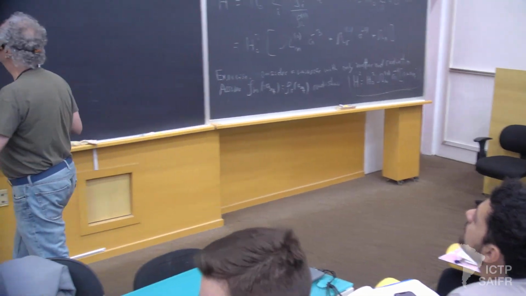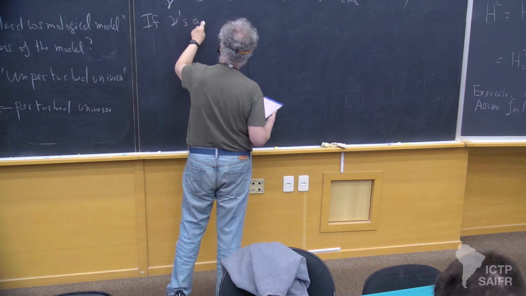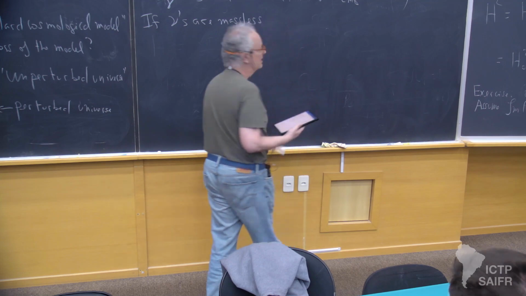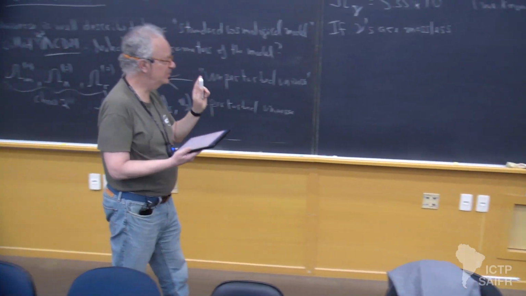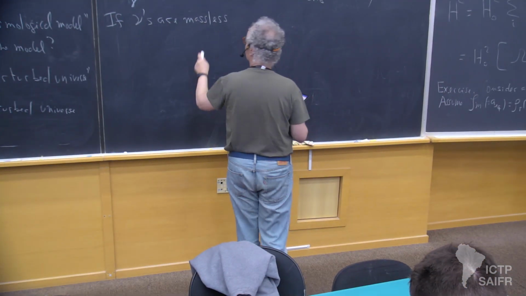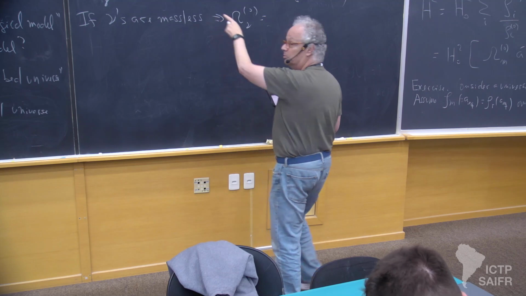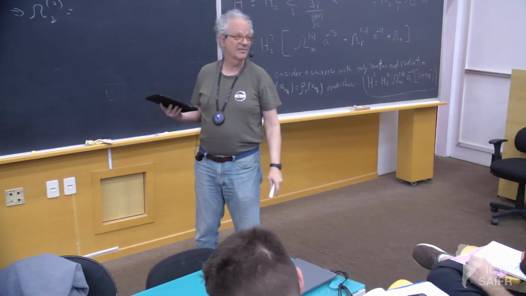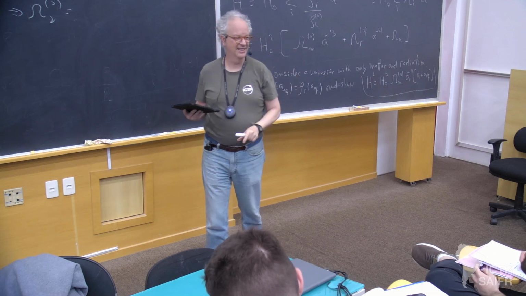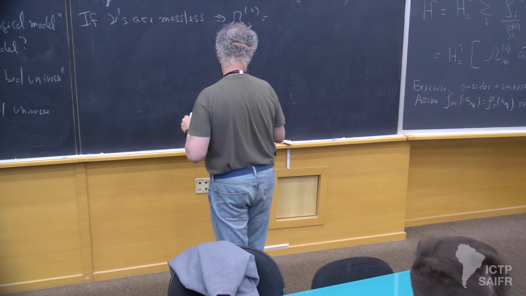Now, if neutrinos are massless, they also contribute. And we can also compute from the history of the universe exactly how neutrinos contribute to the energy density of the universe today. And they're also small, but comparable to photons. You know that in each cubic centimeter, there are like 400 photons from the CMB? So this we can compute. Anyways, I'm not going to do it now.